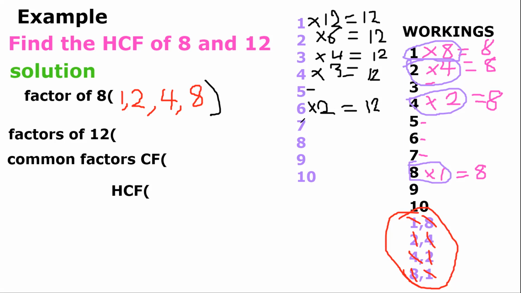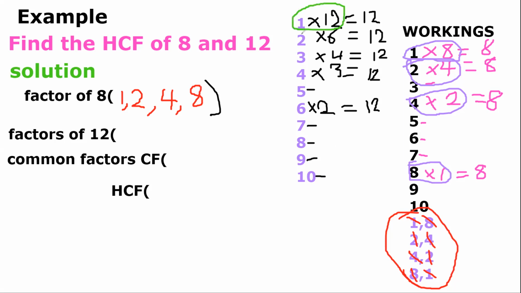So you are still on the numbers that will be able to give you 12. 7 will never give you 12. 8 can never give you 12. 9, 10, none of these numbers can give you 12.